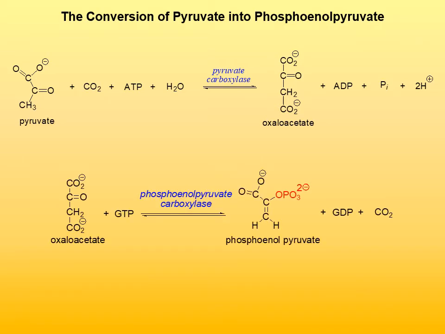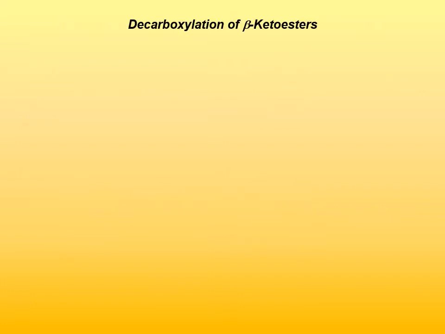And then in the second step, oxaloacetate is decarboxylated and phosphorylated. The enzyme is phosphoenolpyruvate carboxykinase, and the product is phosphoenolpyruvate. The reaction is decarboxylation of beta-ketoesters, and that's a well-known process from organic chemistry.